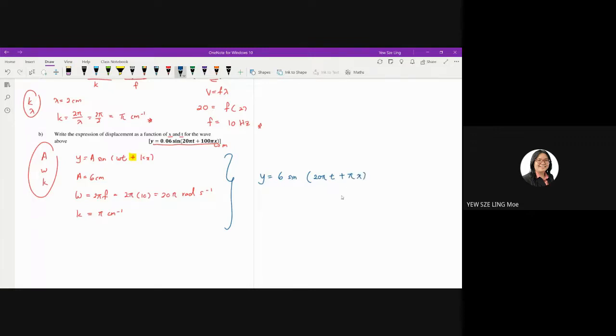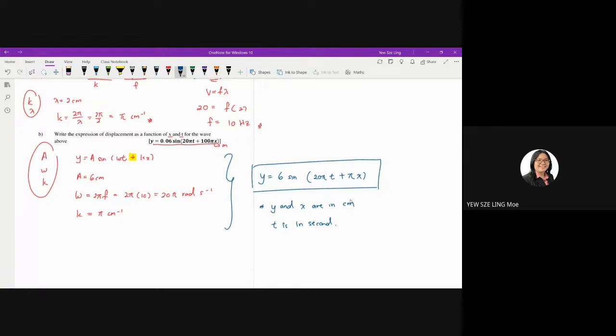After you form the equation, you should state what the units are. The units for y and x are in cm, and t is in seconds. This is what you should do after you form equations. In chapter 9, after you form equations, you should also state the unit for x and the unit for t.